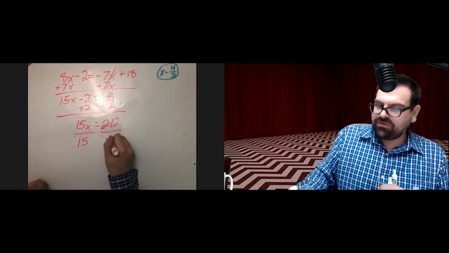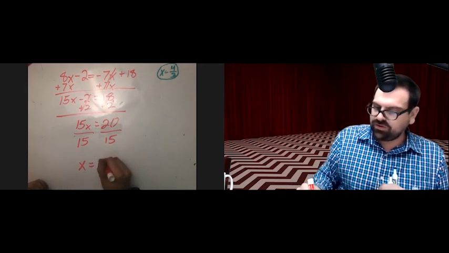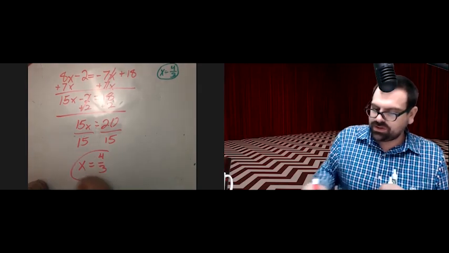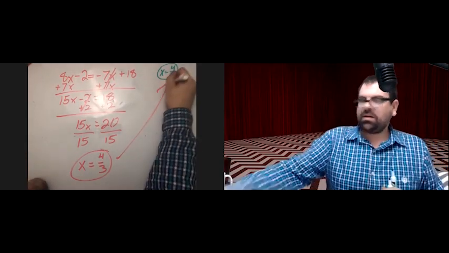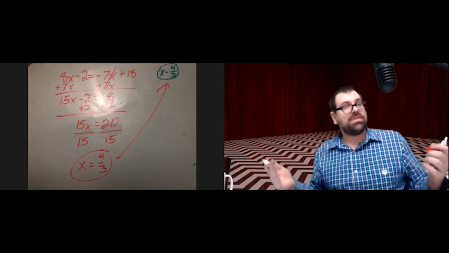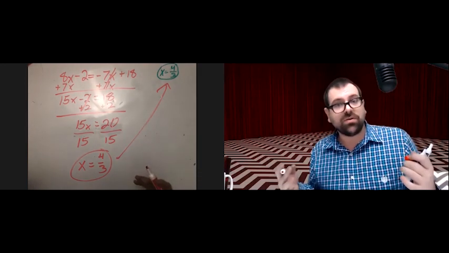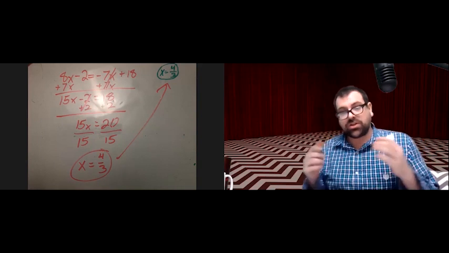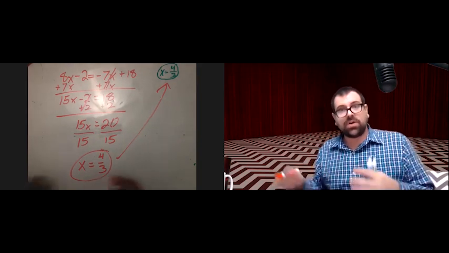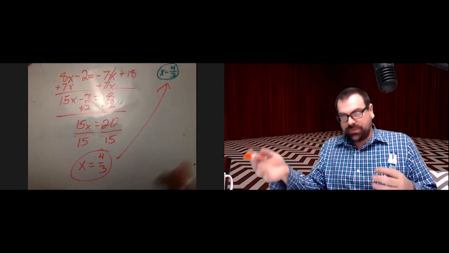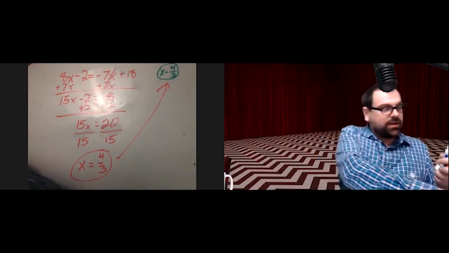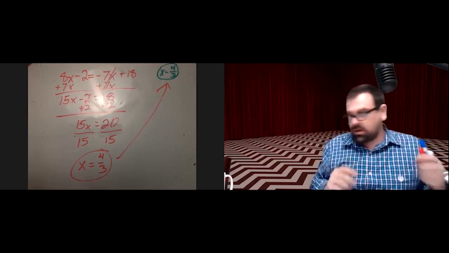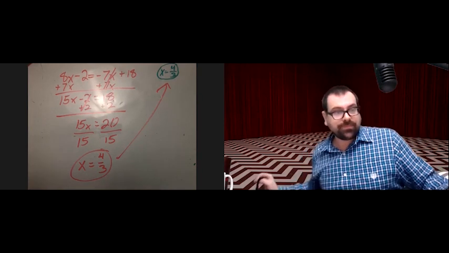Divide both sides by 15. 20 over 15 reduces to 4/3. X equals 4/3. Same answer we got dealing with fractions the whole time. So if you're more comfortable working to get rid of the fractions first before we add and subtract them around, you can do that using that trick, and you will get the same answer.